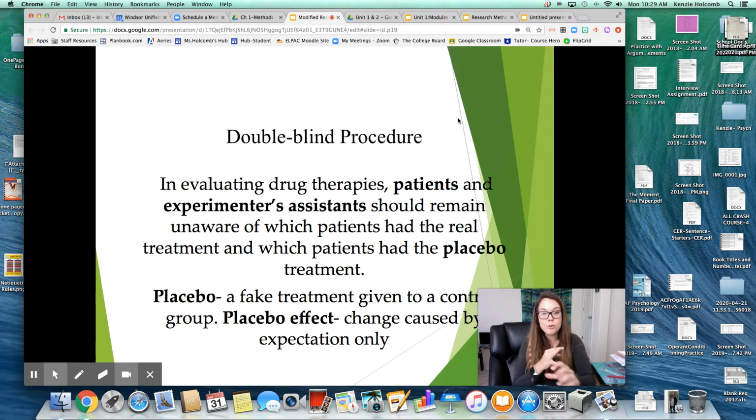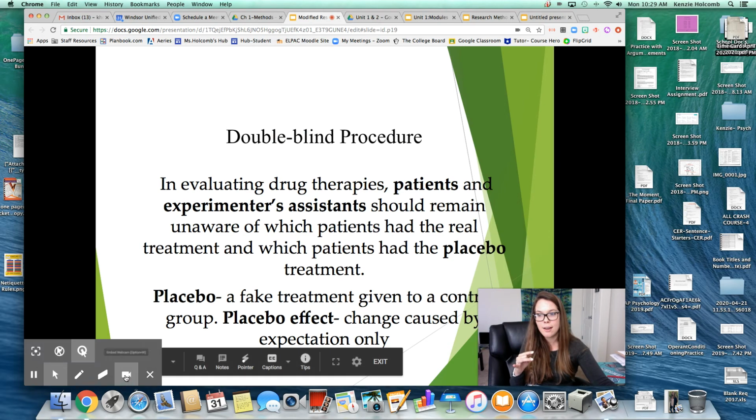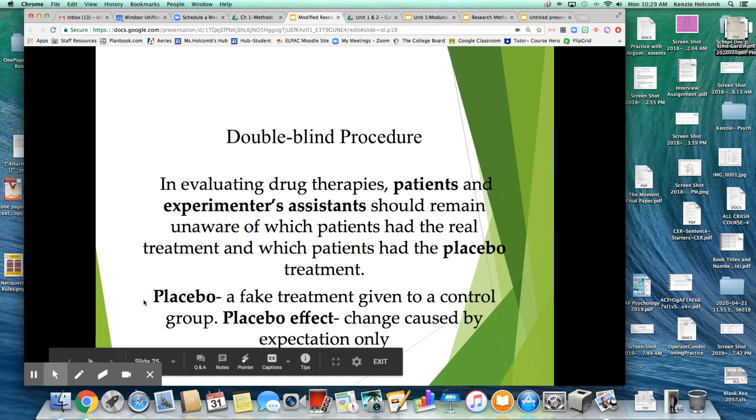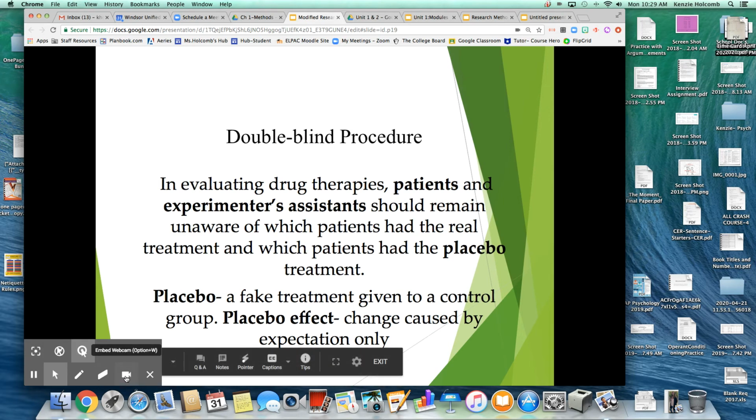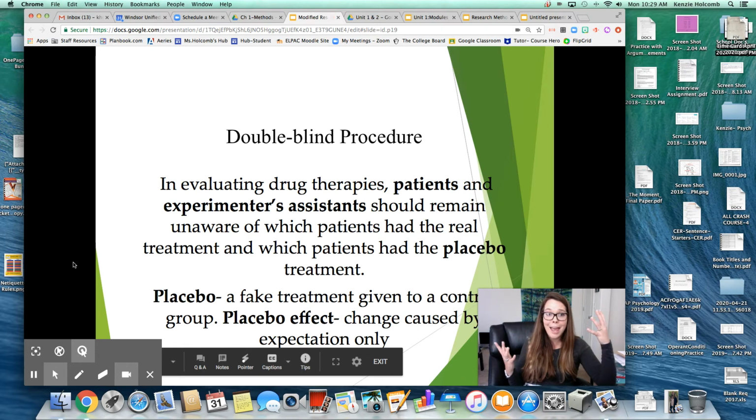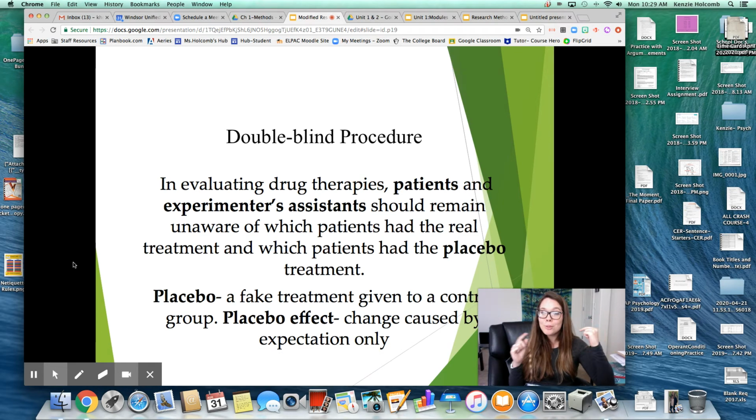And the placebo treatment, just like on our slide, I'll move my camera, is a fake treatment given to the control group, because the placebo effect is when, say you've had a headache and the minute you take Advil, you start to feel better. Advil doesn't work that quickly, but our mind knows that we're getting treated, so it can affect our results. The placebo effect is fascinating, okay?